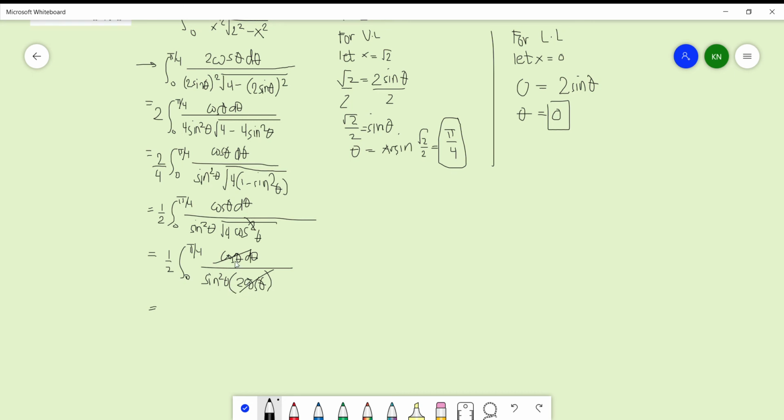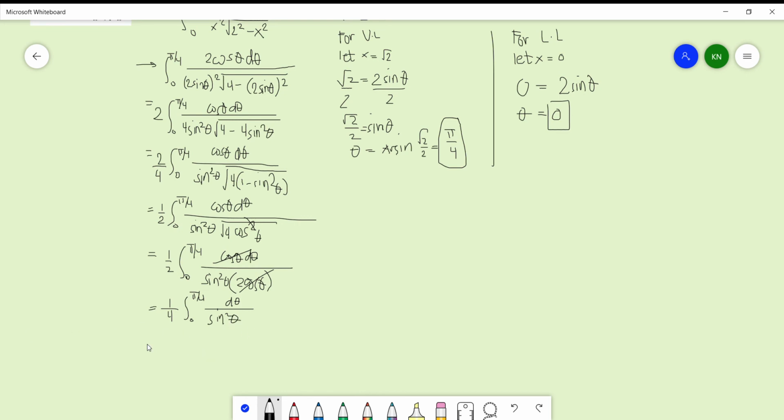And 2, or 1/2 here, is constant, so we can put that outside, and that will give us 1/4 from 0 to pi over 4. And then we have the d theta left, and then we have the sine squared theta from here.